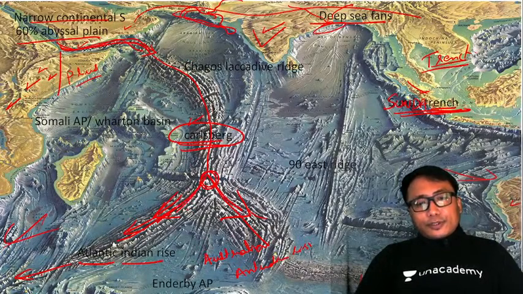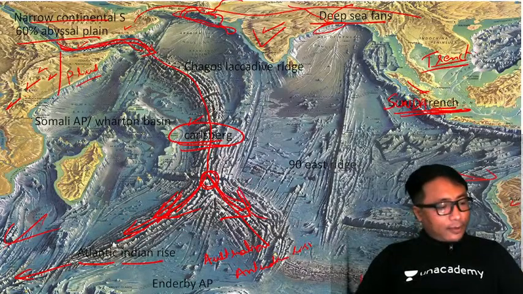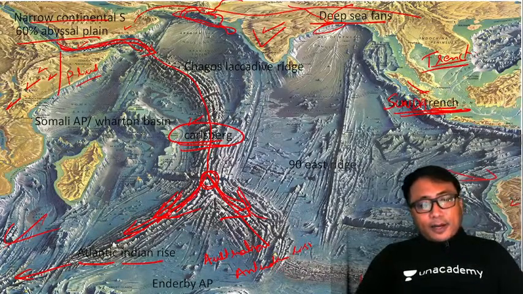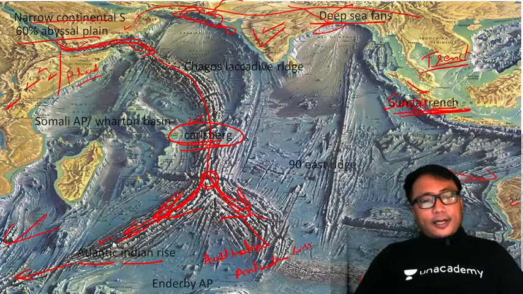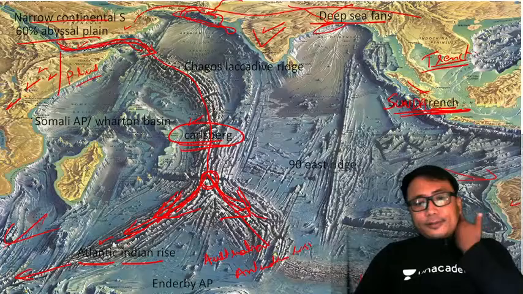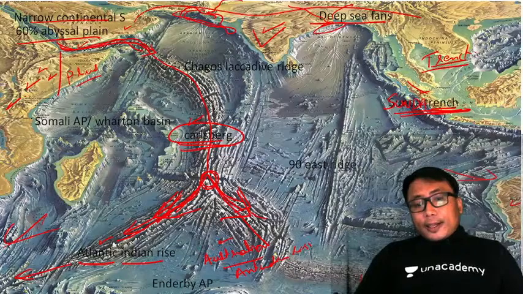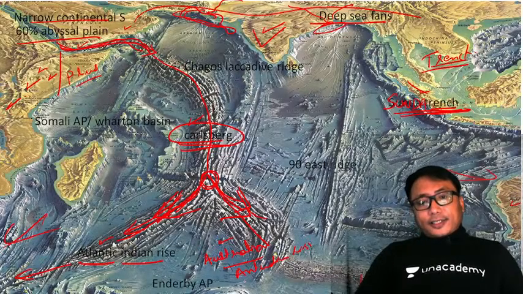One runs towards the southwest, one runs towards the southeast. The southwest part is known as the Atlantic Indian Rise, which is going to join the mid-oceanic region of the Atlantic Ocean. The other is the Australia Antarctica Rise. Clear?